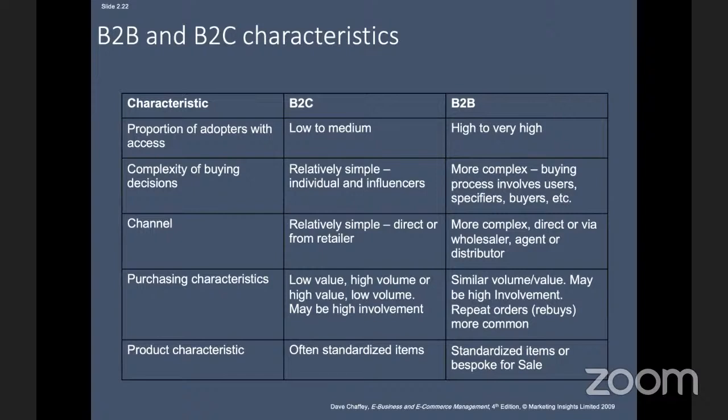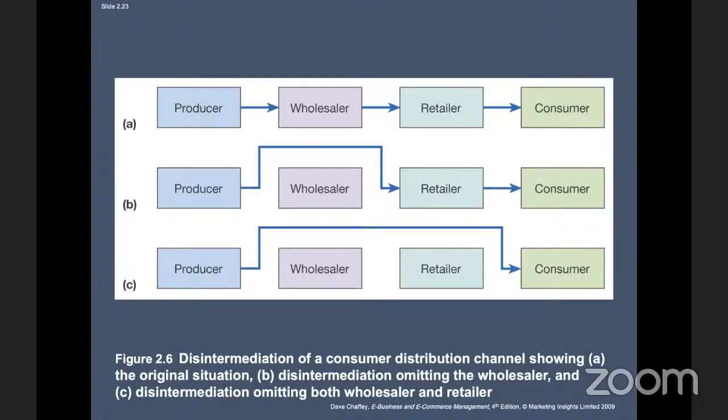Okay, here in figure 2.6, disintermediation of a consumer distribution channel showing A, the original situation, B, disintermediation omitting the wholesaler, and C, disintermediation omitting both wholesaler and retailer. Okay, what is the scenario in A?